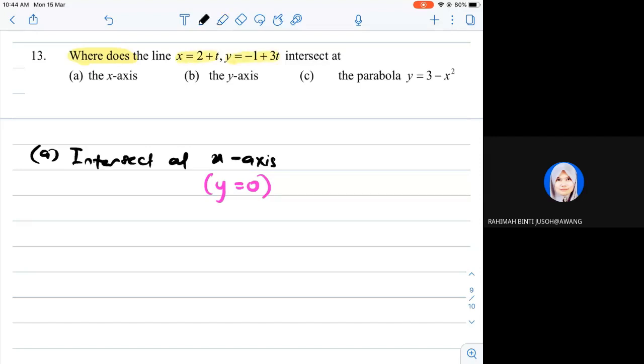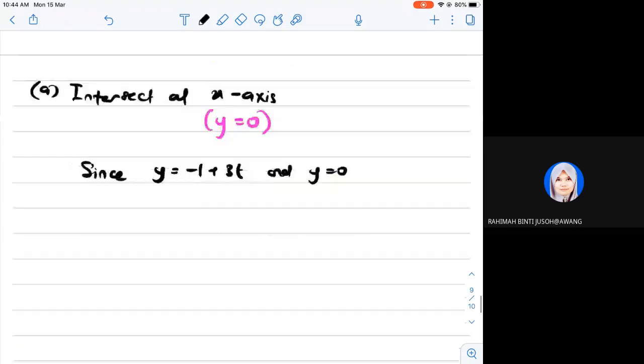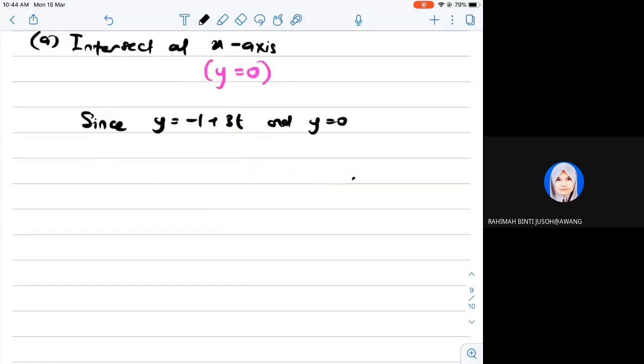Alright, so now, since y equals to -1 plus 3t and y equals to 0, thus we have -1 plus 3t equals to 0. Therefore, 3t equals to 1. So, t equals to 1 over 3.